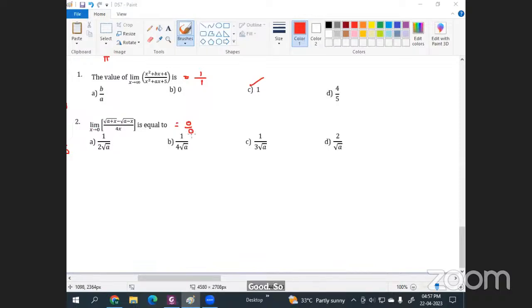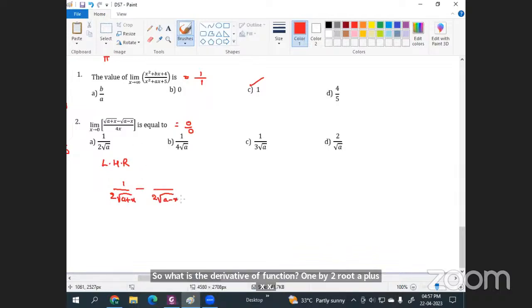The limit problem is given 0 by 0. What do we need to do? I can apply L-hospital rule or rationalize also. You can do any one of the methods, but L-hospital rule is easy, right? So what is the derivative of the root function? 1 by 2 root a plus x. X derivative is 1. And here 2 root a minus x. Minus x derivative is minus 1.